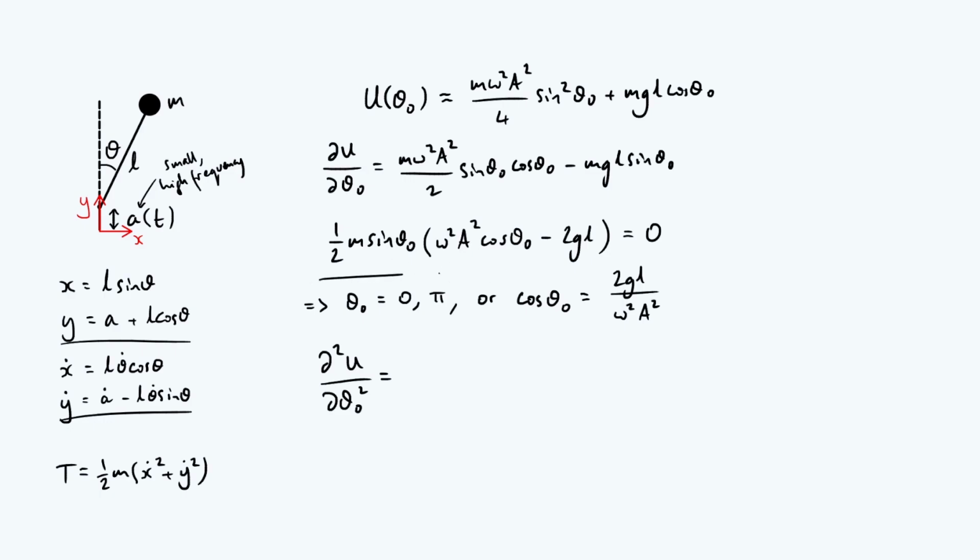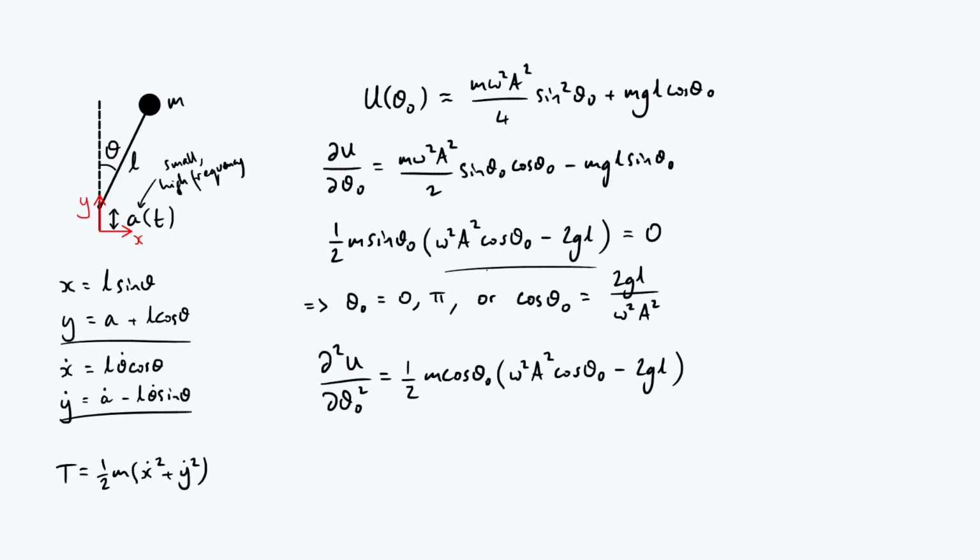We've got this bit and this bit, and I'm going to take that as my sort of u and v in my product rule formula. So first we differentiate the bit outside the brackets, and we get half m cos theta naught. Then let me just copy and paste the bracketed stuff, because we're going to leave that unchanged. Then we're going to have another bit where we keep the half m sine theta naught, but we differentiate the stuff inside the brackets.